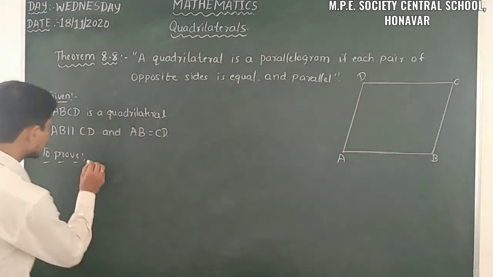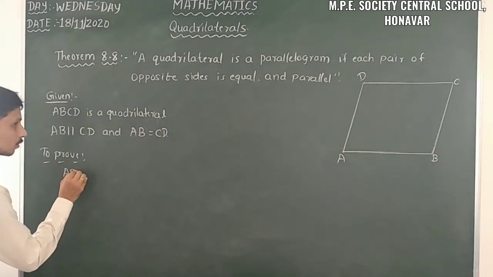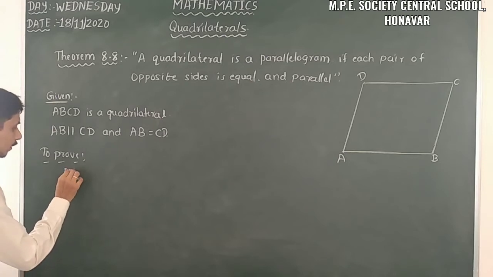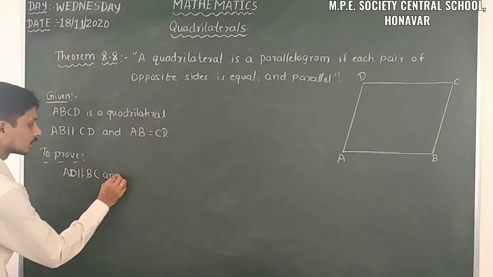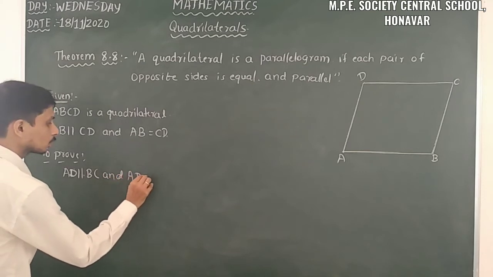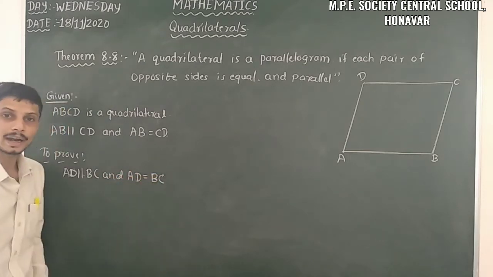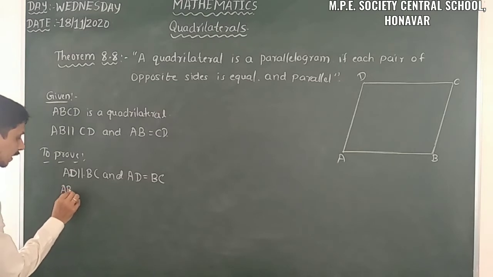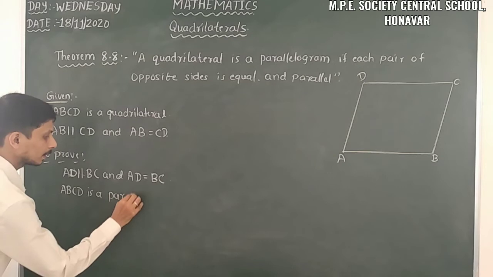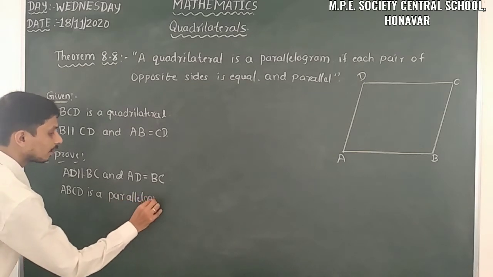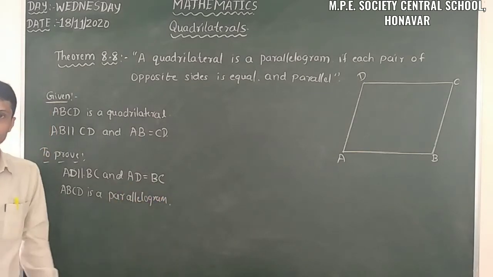That is, AD is parallel to BC and AD is equal to BC, and finally ABCD is a parallelogram. That we have to prove.